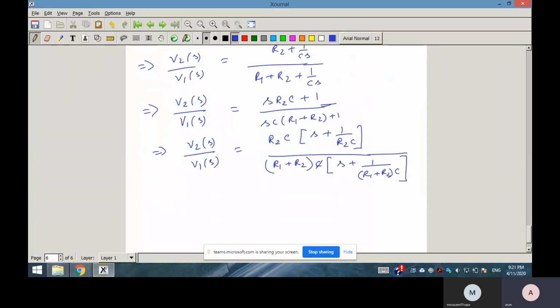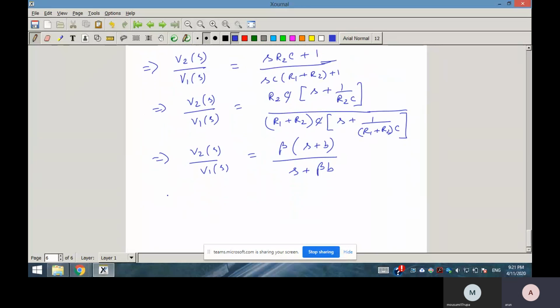So that means C will get cancelled. So if I want to represent V2(s) by V1(s) in terms of lag controller transfer function, that means beta into S plus B divided by S plus beta B, then what is your beta?